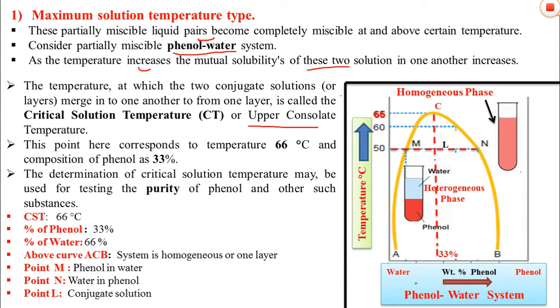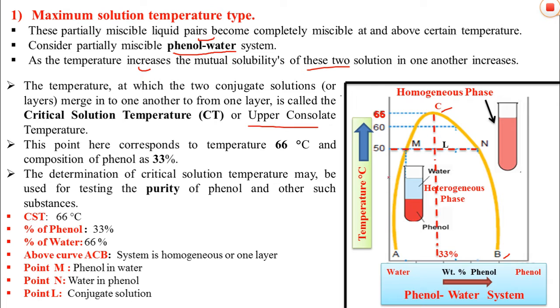and the composition at that point is 33% phenol in water. To understand this, please see the diagram. In the diagram, on the x axis we can see the weight percentage of phenol, and on the y axis the temperature in degrees Celsius. Here curve AC shows phenol in water and curve BC shows water in phenol.